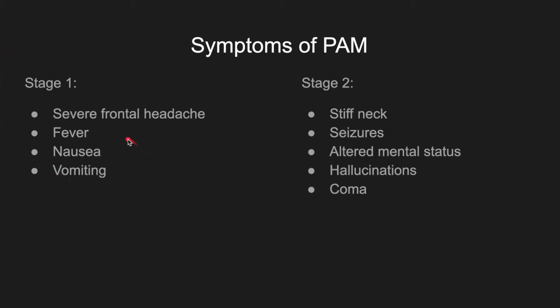So it's hard to classify it, and so then once we see these stage 2 symptoms, it's a lot harder to treat it. Once you see these symptoms here, it's hard to treat a coma, so really sad.